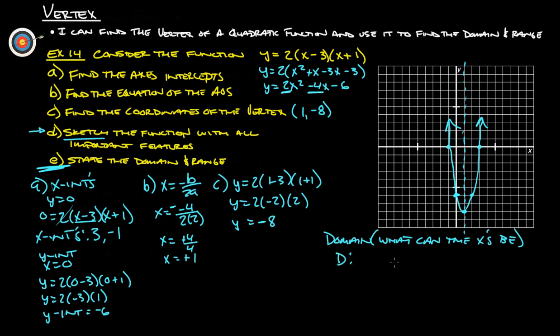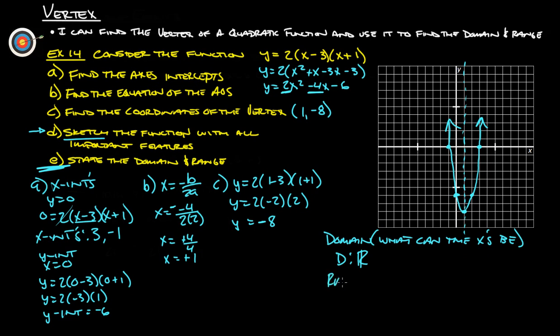If you look here, this arrow is pointing up, and it's still moving to the left ever so slightly, but it's always moving to the left. So that means it goes forever and ever to the left. And then it's going forever and ever to the right. So the domain on this thing is going to be all real numbers. Pretty much all of these, since they're all going to be going to the right and to the left, domain should always be all real numbers.